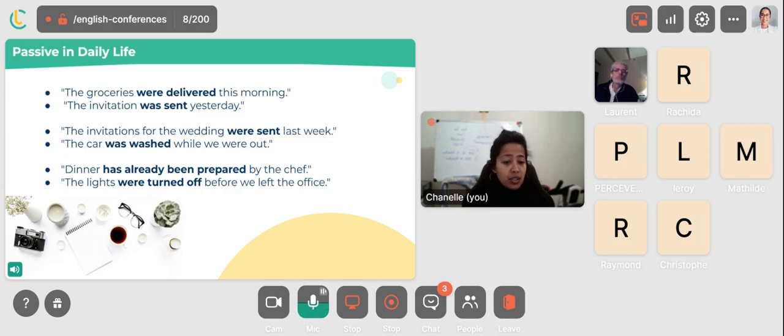The invitations for the wedding were sent last week. The car was washed while we were out. Dinner has already been prepared by the chef. The lights were turned off before we left the office.